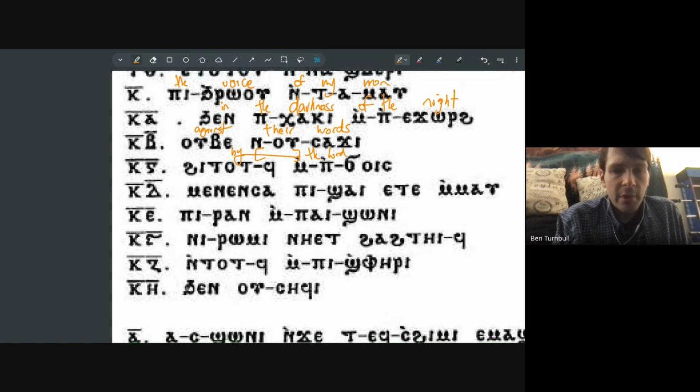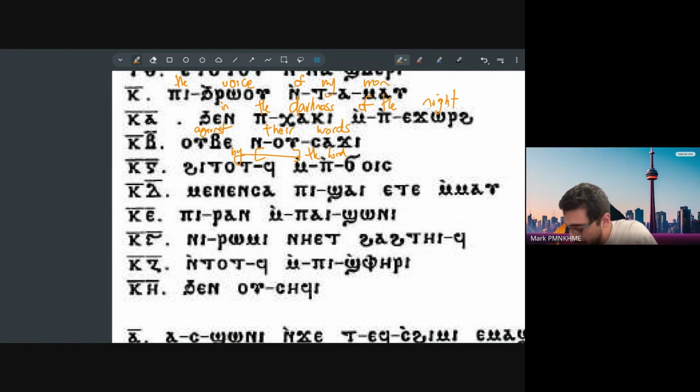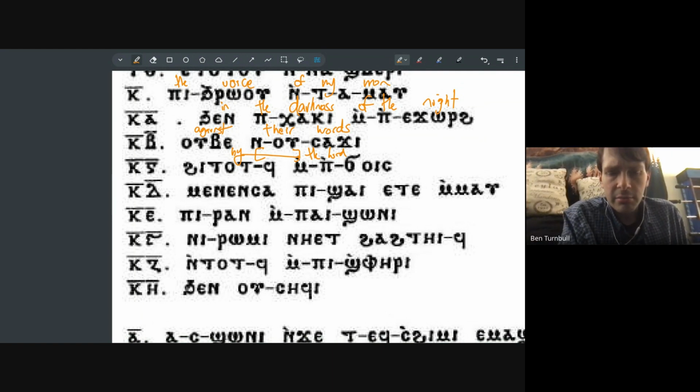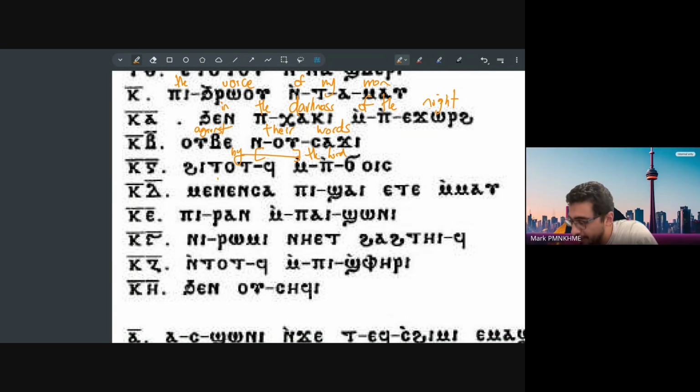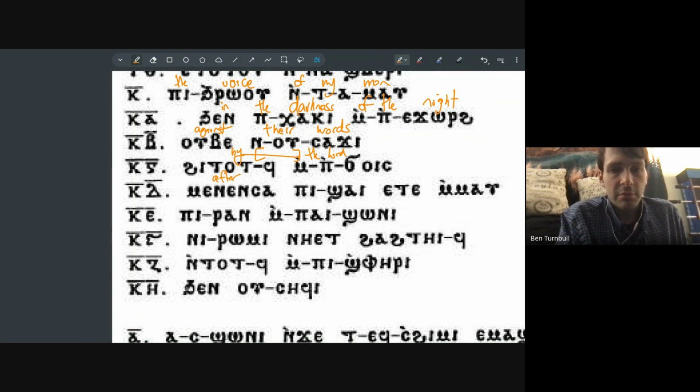Okay, great. Then there's I think two more. Menensa Pishai Etemau. So Menensa is the table? No, something else. We had this just now. It's Mashak, an adverb, like after. Oh, okay.